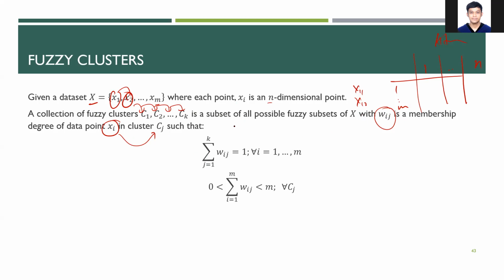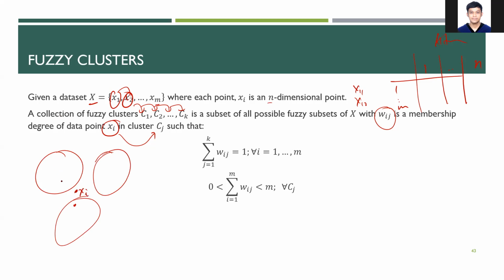Mathematically, according to fuzzy theory, the total membership degree for each data point should be equal to 1. For example, we have three clusters: cluster 1, cluster 2, cluster 3. Then we have this data point xi in the middle.